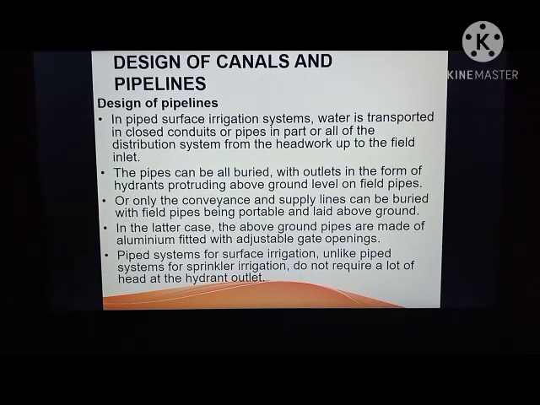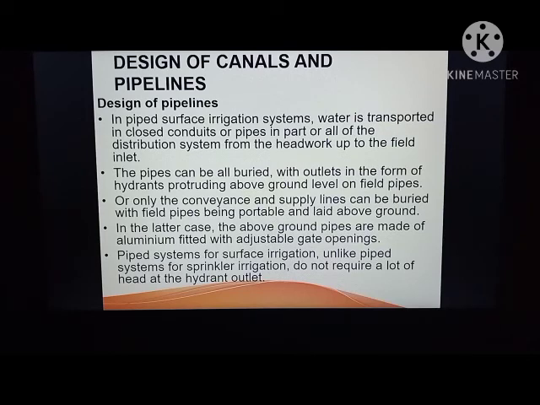Next, we have the design of canals and pipelines. Design of pipelines. In pipe surface irrigation systems, water is transported in enclosed conduits or pipes.